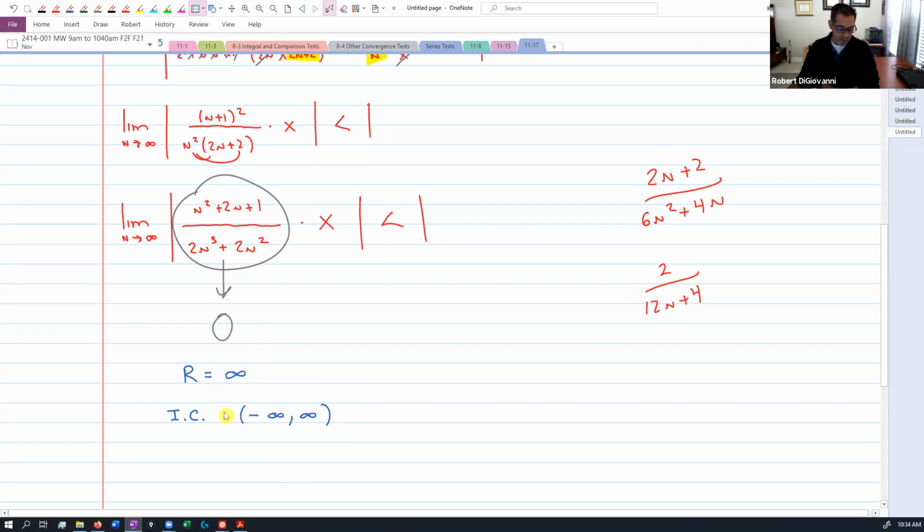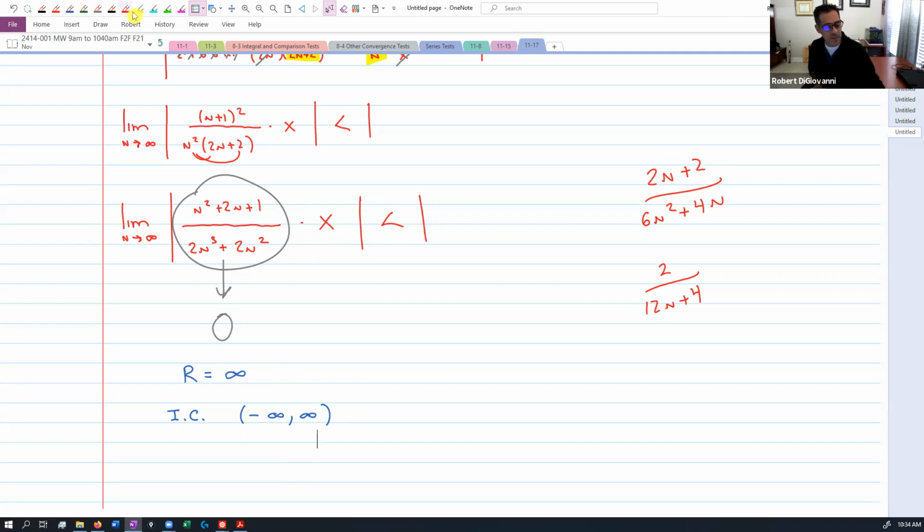Well, not the easiest. There's three things that could happen, right? If this goes to 0, then this is what happens. If this goes to infinity, then you only have one answer, and that would be when x is 0. If this goes to a number like 1 or 4, then you're going to have an interval.